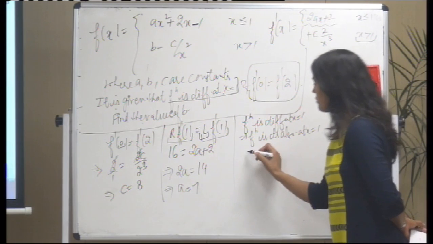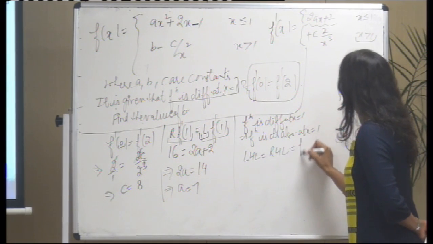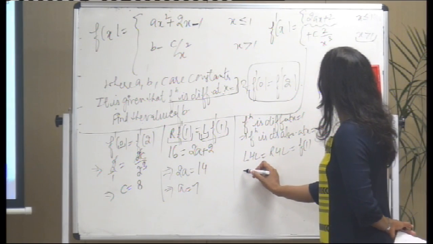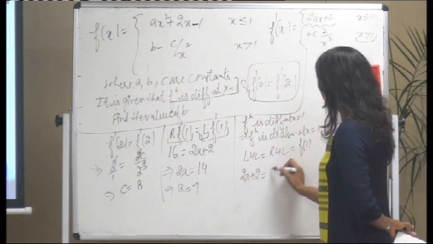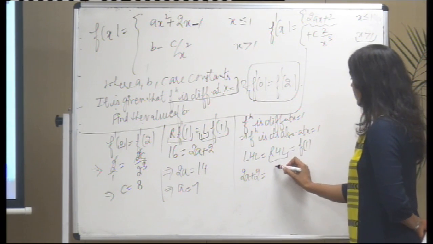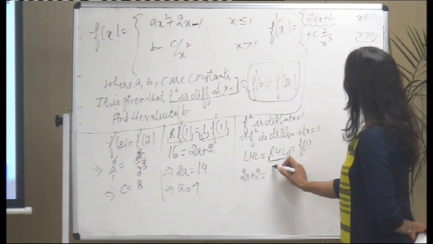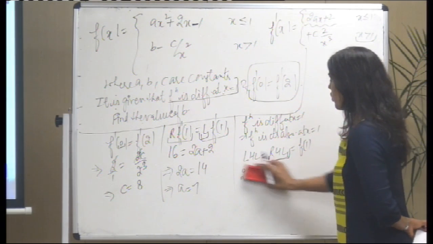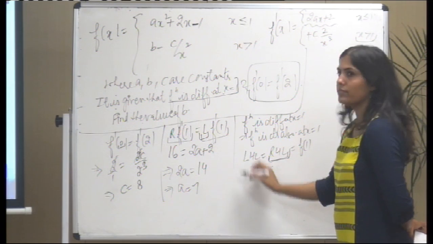Continuous means left hand limit equals right hand limit equals f(1). The left hand limit is 2a + 2 — actually I am doing wrong, I was putting in the derivative, but this is the function.